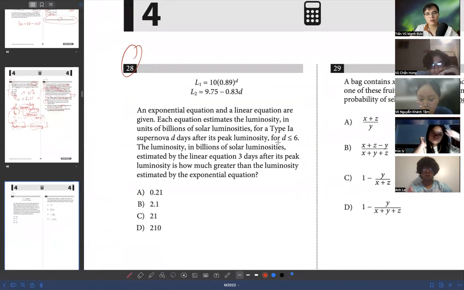This is quite simple. You just need 3 days after its peak. 3 days, it's 10.